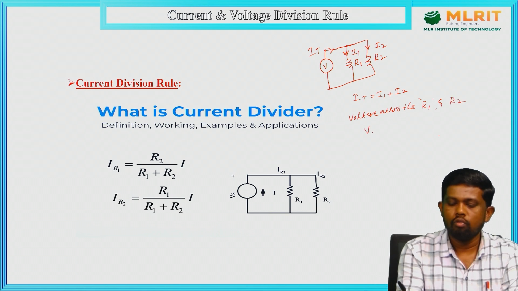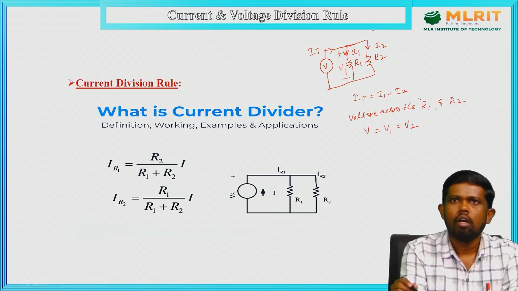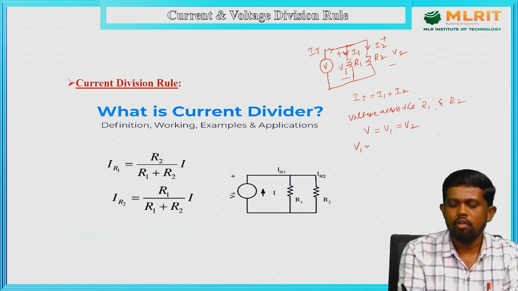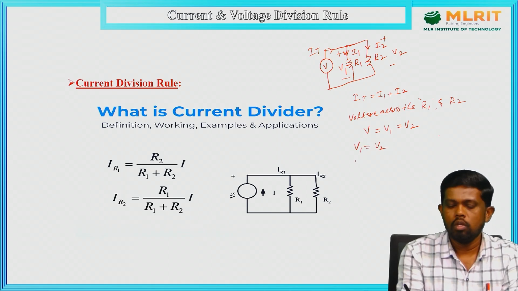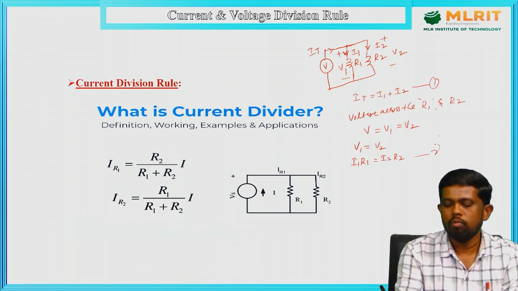We can write V total equals V1 equals V2, because the voltage is constant in a parallel connection. Since we have only two elements, V1 equals V2, and with Ohm's law this is I1 into R1 equals I2 into R2. This is equation number 2.